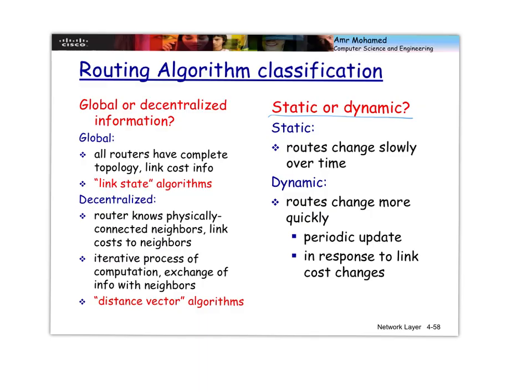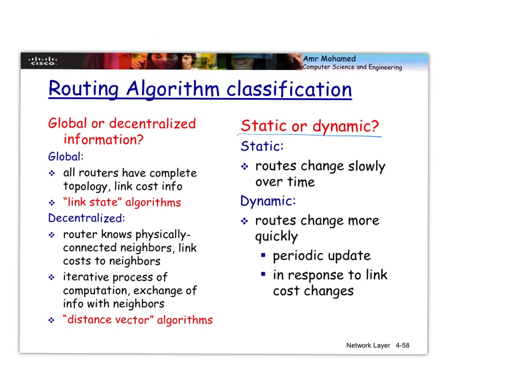Okay? Now, distance vector. For distance vector algorithms, we don't have to maintain a global view. By default, each router knows about the directly connected links.